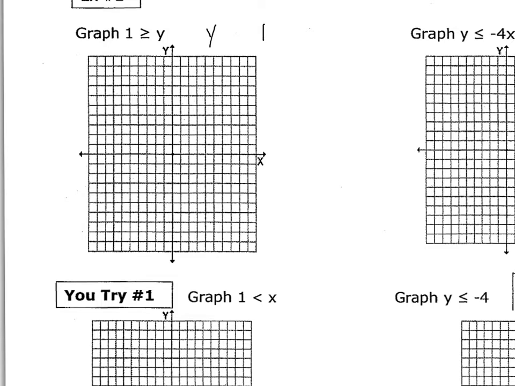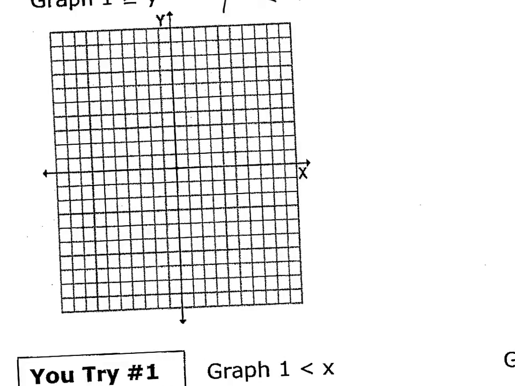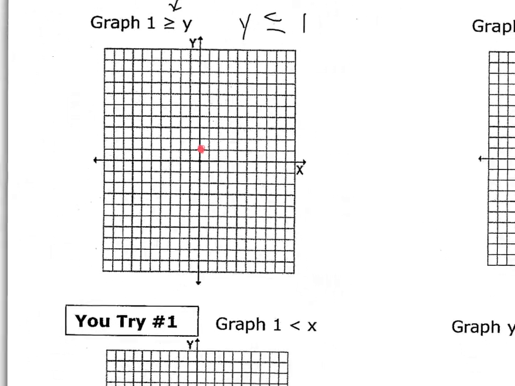Since the inequality is facing the 1, let's keep it facing the 1. It says our y values are less than or equal to 1, so we have a y value at 1. Let's put a point, in red.